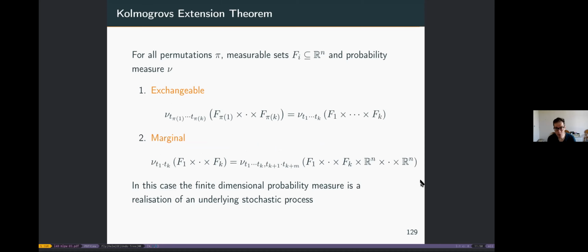There is something called Kolmogorov's extension theorem, which defines the 2 conditions that we need for a finite dimensional measure to be a realization or projection of an underlying stochastic process. These 2 are the exchangeability condition and the marginal condition. We just talked about the marginal condition, but the exchangeable one is trivial for a Gaussian as well.